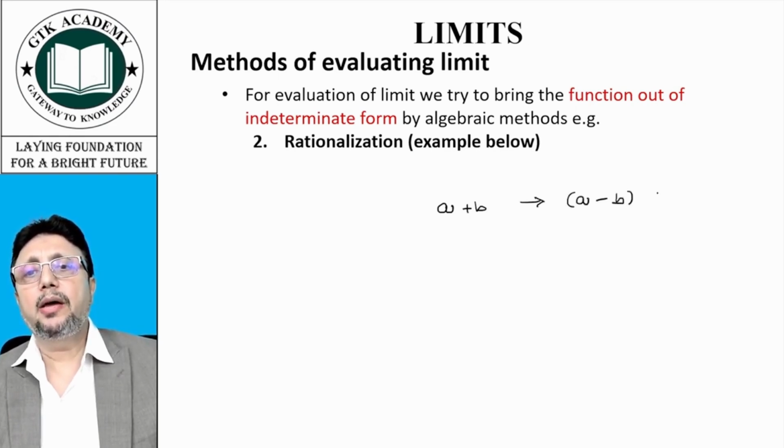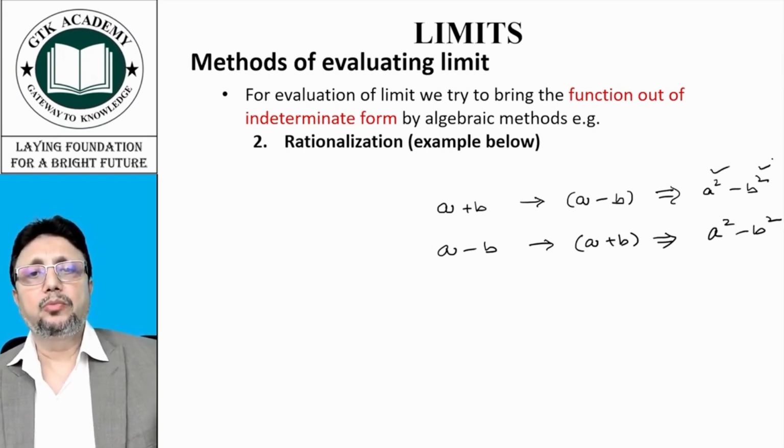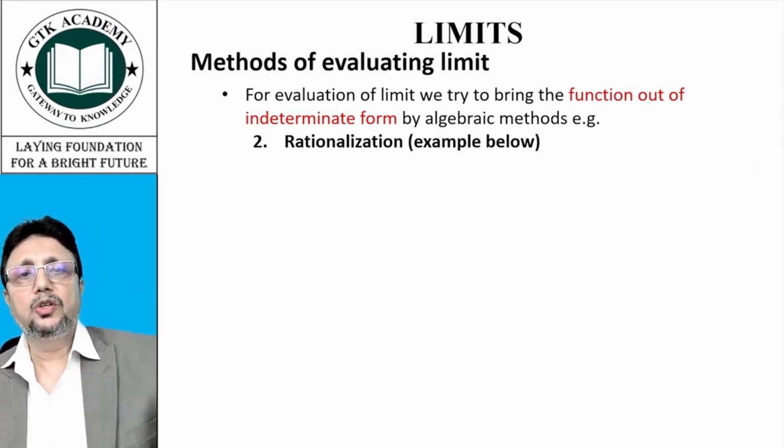If you multiply both, you will get a square minus b square. And if you have a minus b, the conjugate of this is a plus b. So if you multiply both of them, again you get a square minus b square. So here we take advantage of this form, a square minus b square. Just see how we do it.